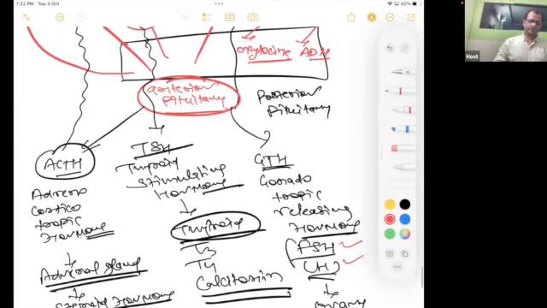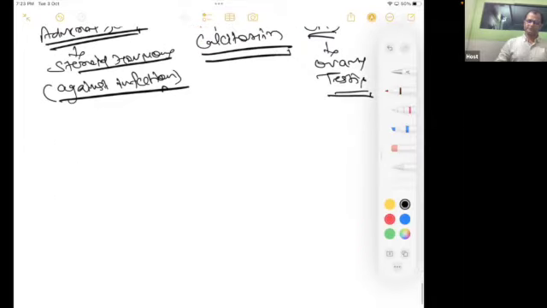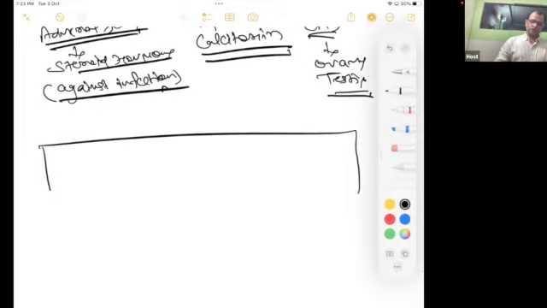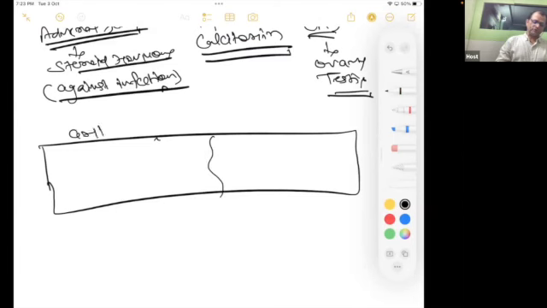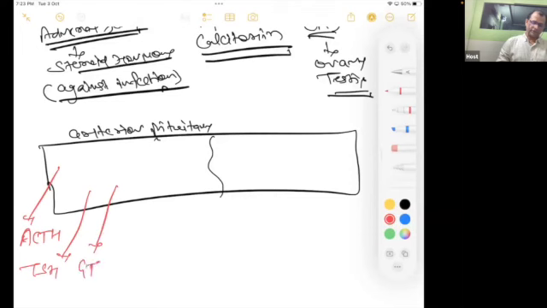In this way, we can see ACTH, TSH, GTH, all hormones getting secreted by the anterior pituitary. Right? I will write here. So this is the pituitary. Anterior pituitary is secreting ACTH, TSH, and GTH.